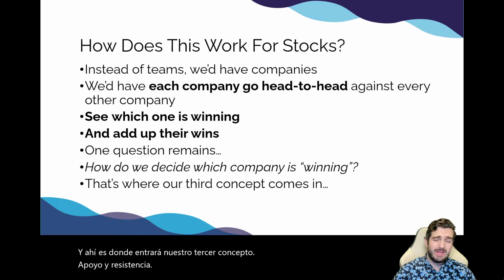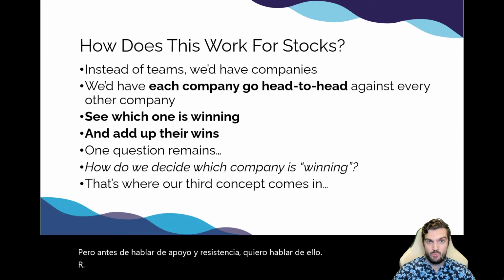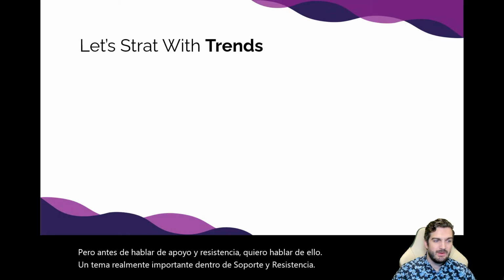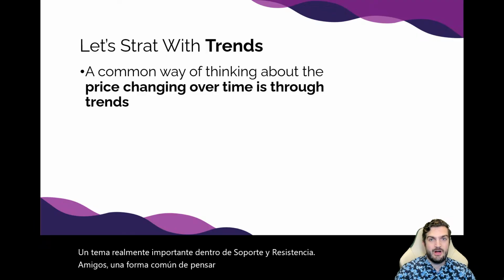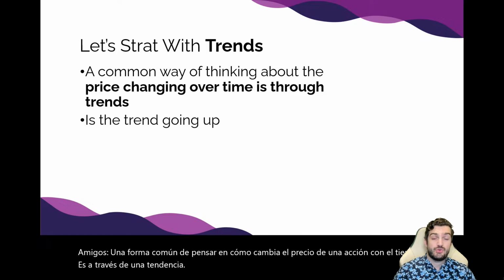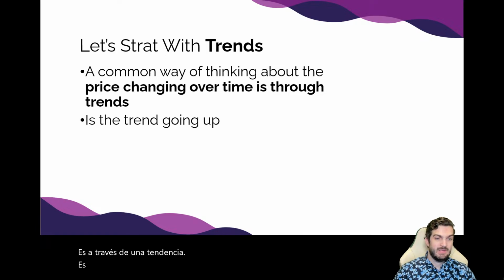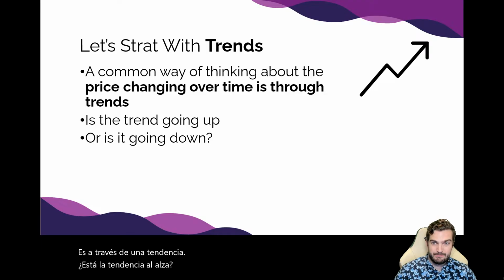But before we get to support and resistance, I want to talk about a really important theme within support and resistance: trends. A common way to think about how the price of a stock is changing over time is through a trend. Is the trend going up? Is the price generally going up?